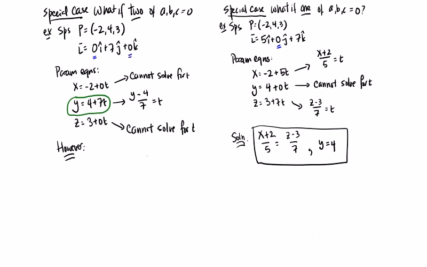If you want to make y really negative, you can always find a t. So since t could be anything, y could be anything, and it doesn't affect x and z.